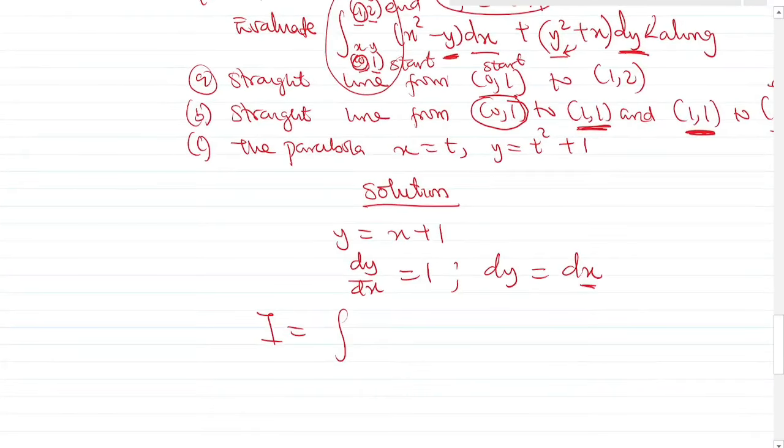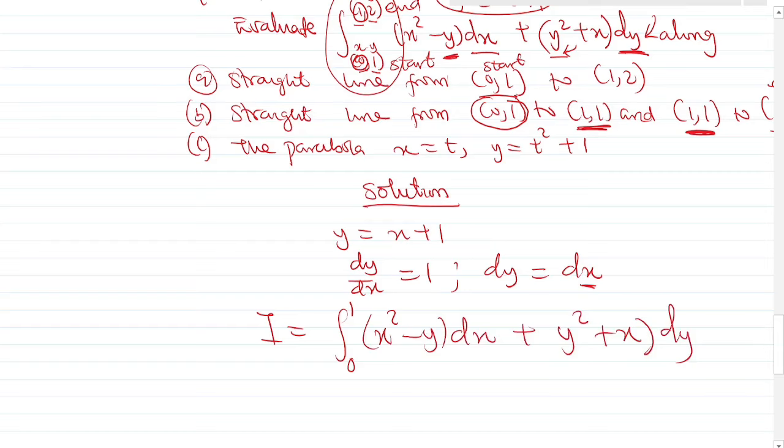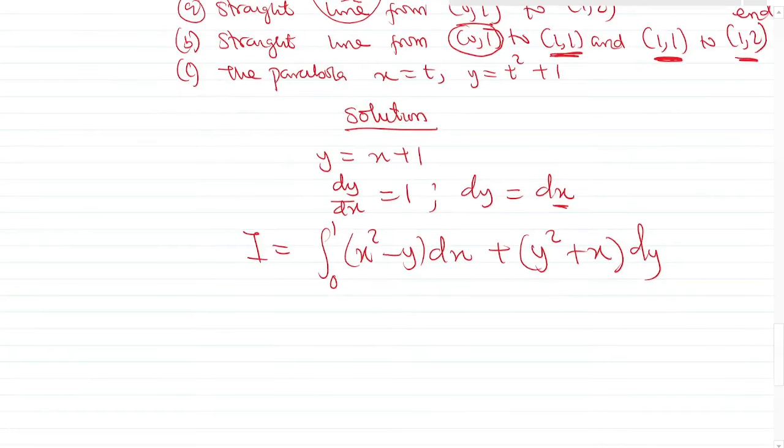So then it will be the integral from 0 to 1 of (x squared minus y) dx plus (y squared plus x) dy. I want to repeat the question. Right? So now we have to change them.